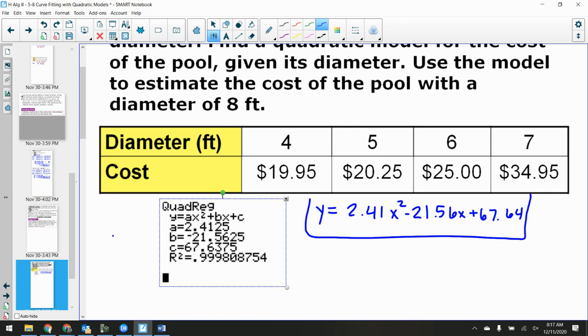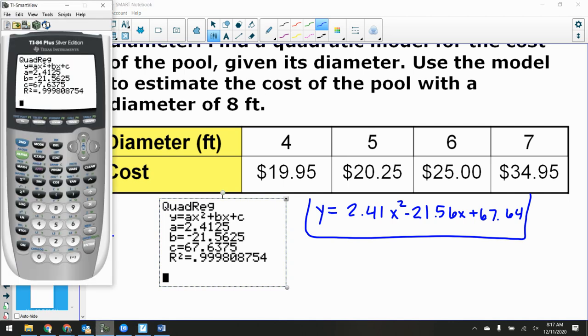Okay, it says use the model to estimate the cost of a pool that has a diameter of 8 feet. All right, so I need to figure out what the y value would be when the x value is 8. So here's how we do that. Remember, you go back into y equals. This is the weird and funky part. I'm going to clear out everything that's there, and I want to put my regression equation in there.